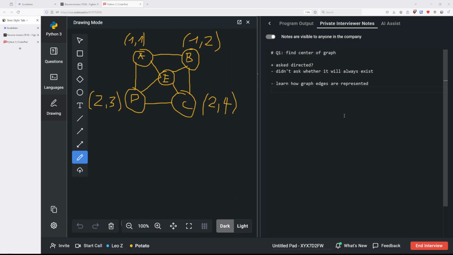So let me erase it. Let's just label this 1, 2, 3, and 4 for A, B, C, D, and E would be 5.